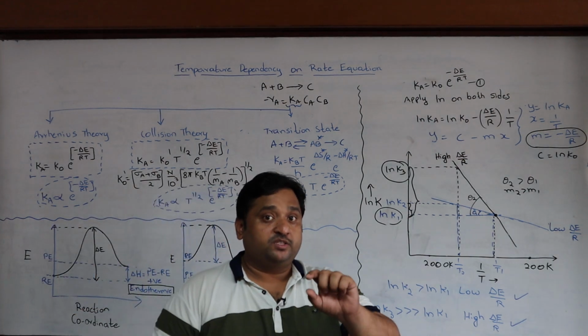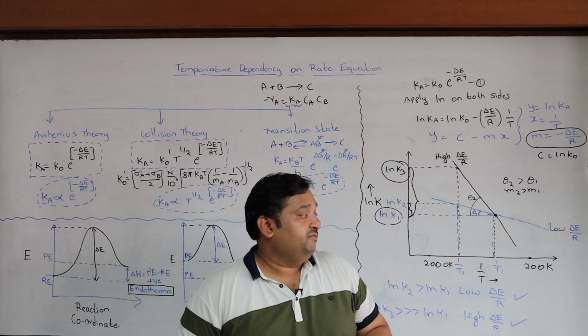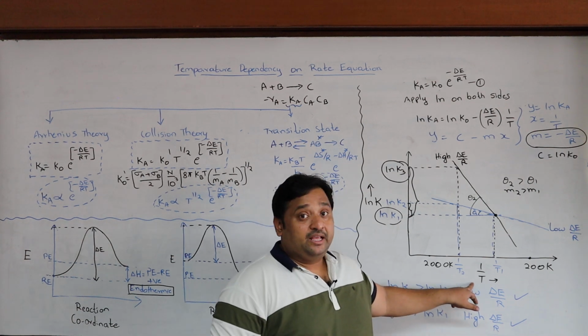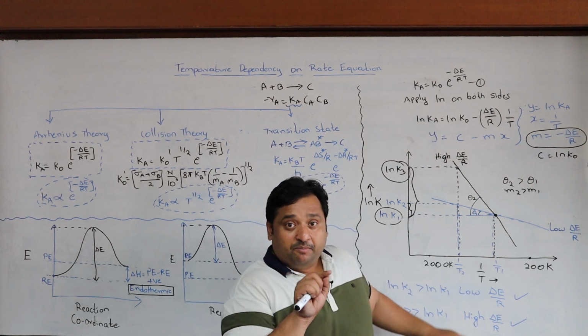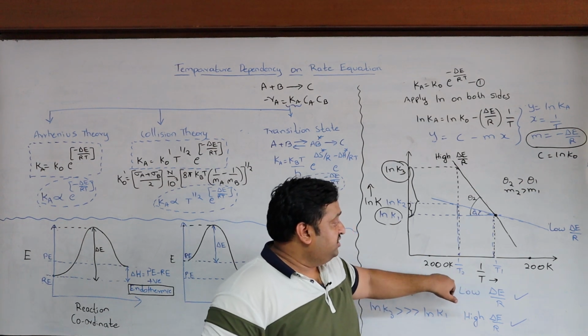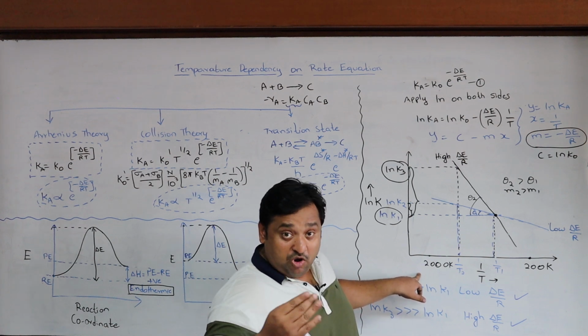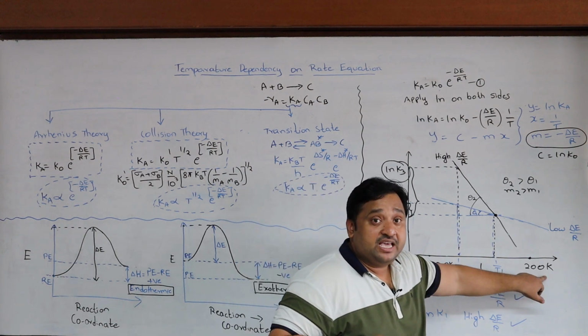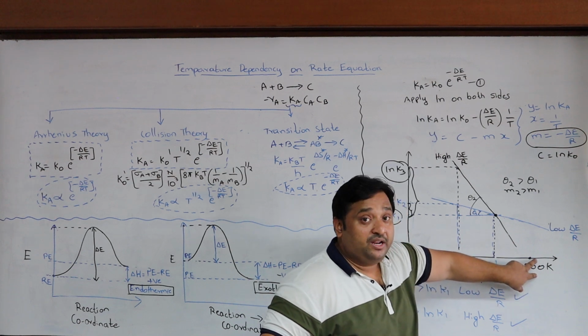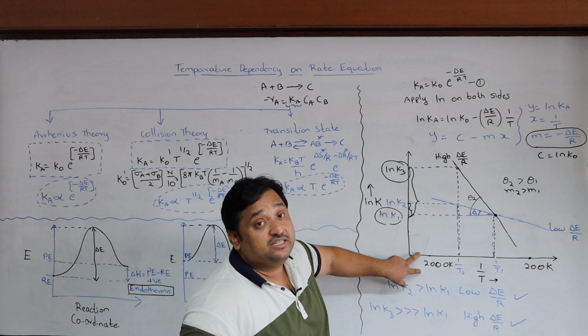Let me give you a small clarity on this graph, because people might still be confused. The graph is 1 by T, so the temperature is in the denominator. When the temperature is low, the value is here, and high temperature is here.